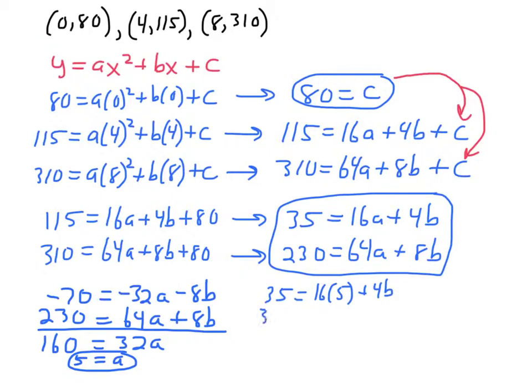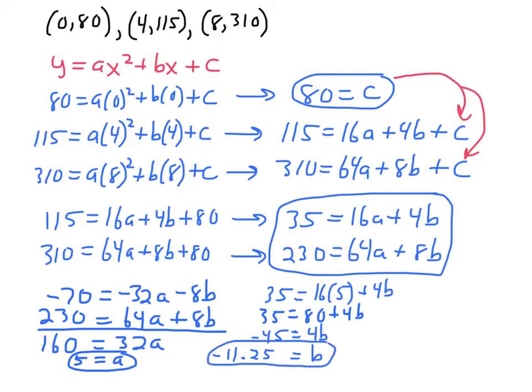So 35 equals 80 plus 4b. If we subtract 80 from both sides, we get -45 equals 4b. And then we'll divide both sides by 4. So -45 divided by 4 comes out to be -11.25.